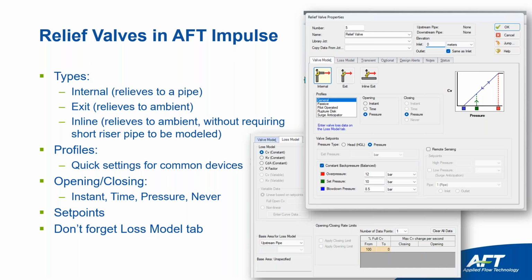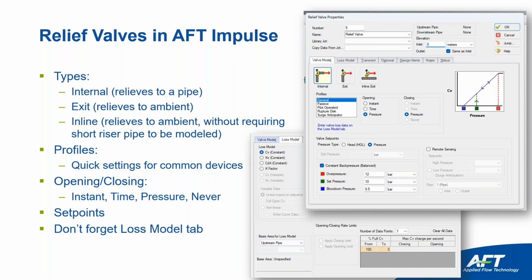So you tell us how you want it to relieve, and that encompasses internal, so if you want it to be considered a part of the system, if it's exit, if it's venting to system, if it's inline, if the effect is by proxy to the system without requiring a short riser pipe. If you need to define models or opening closing profiles or characteristics, if you would like to use a specific pilot operated profile, things like that.